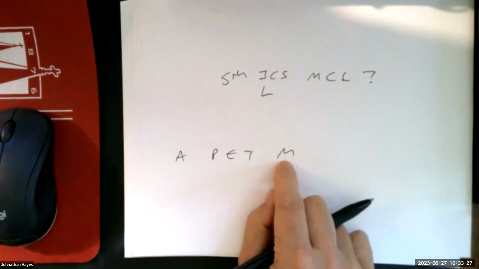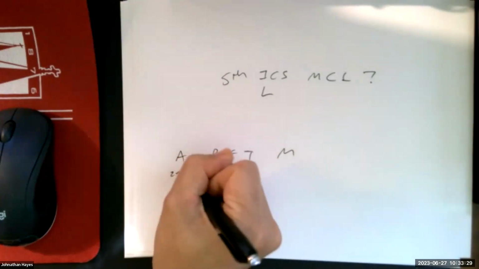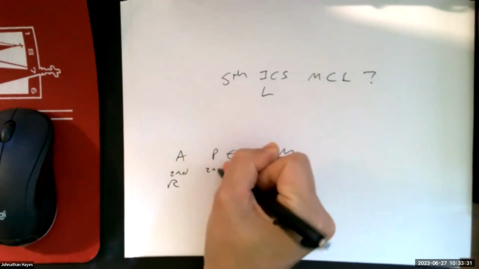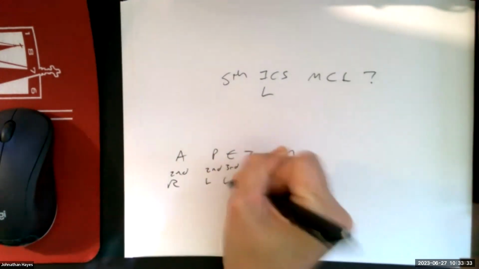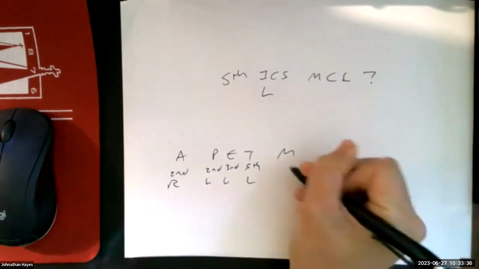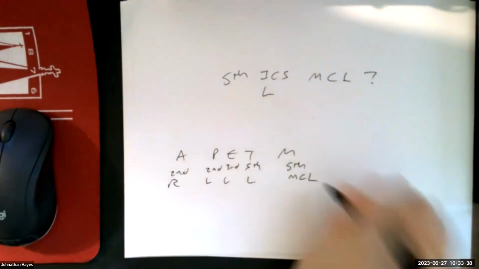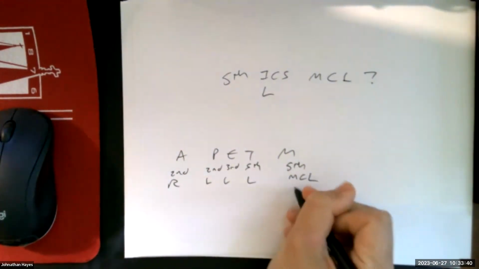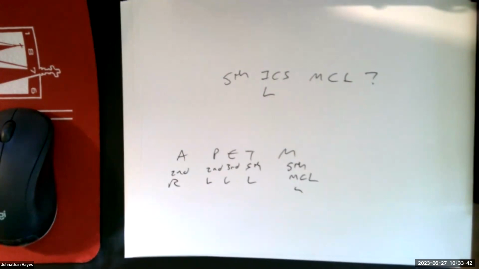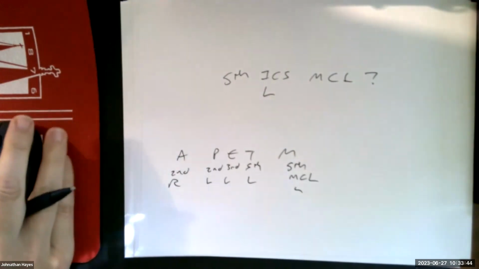So it's mitral, right? So second right, second left, third left, fifth left, fifth mid-clavicular line. So that's how you know what you're listening to.